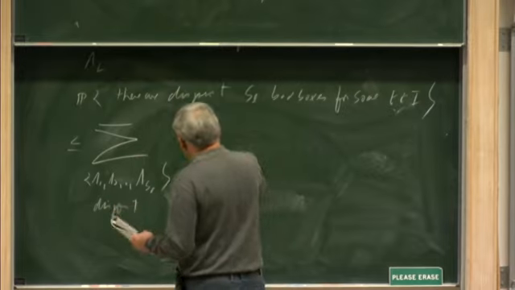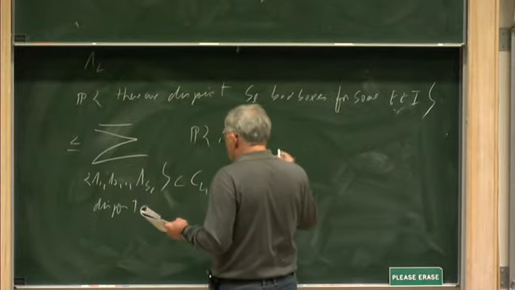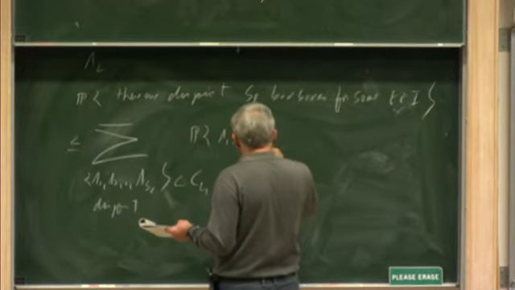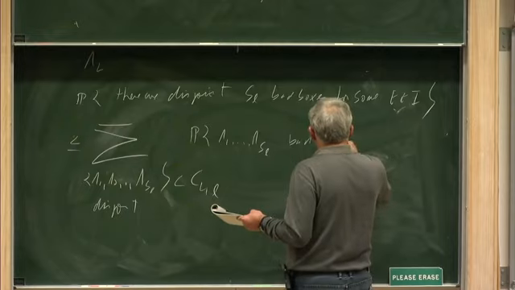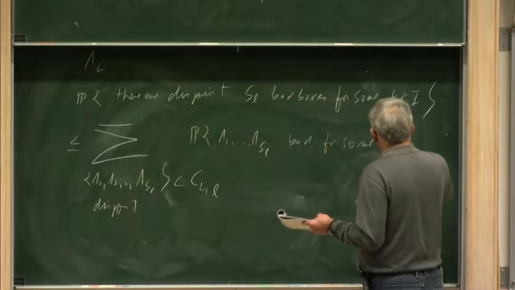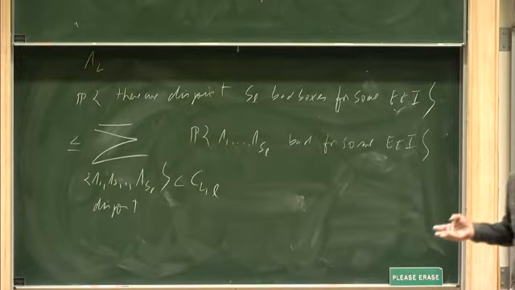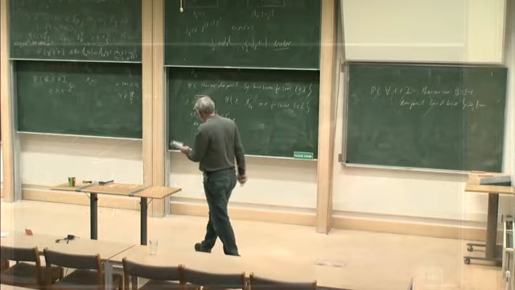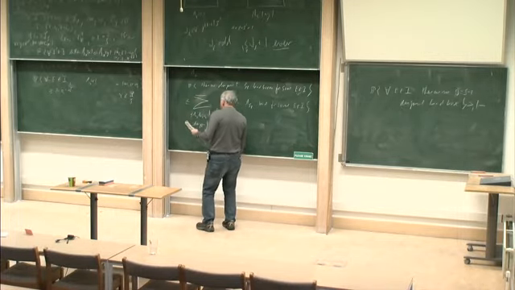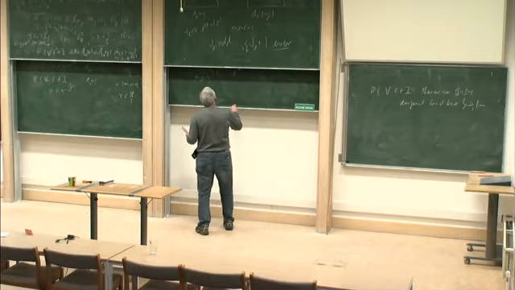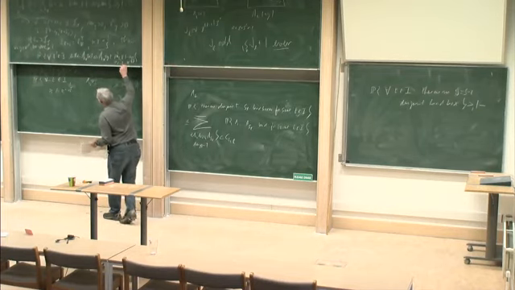And now I look at the probability that these particular boxes are bad for some energy. I'm overestimating, but that's okay. Okay, let me do it here.